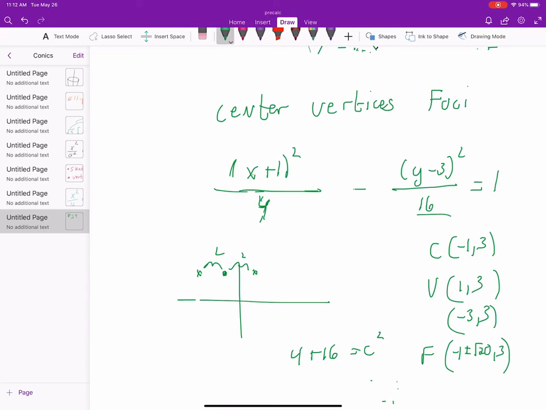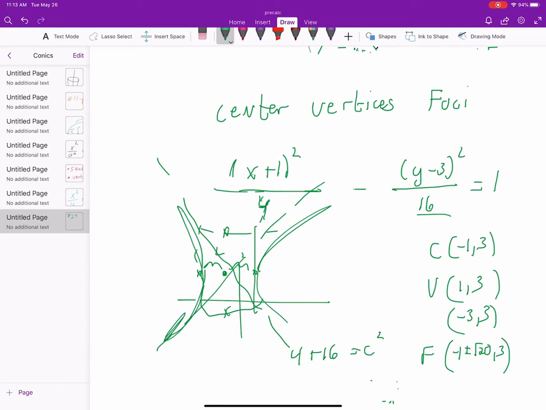There's my focus points. I'm excited. I want to go ahead and sketch this. So I'm going to go 4 here, 4 here. Draw my little box. Remember the little box there. Okay, asymptotes, and there's my hyperbola right there.